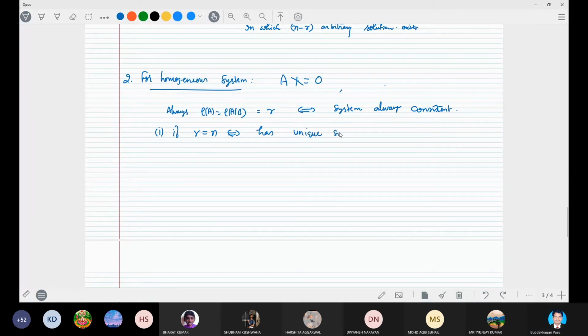That is the trivial solution, x is equal to 0, all xi are zeros: x1 0, x2 0, x3 0, and so on.